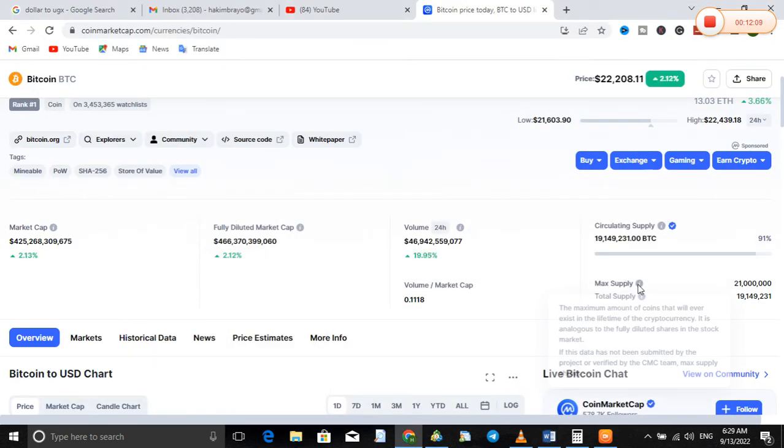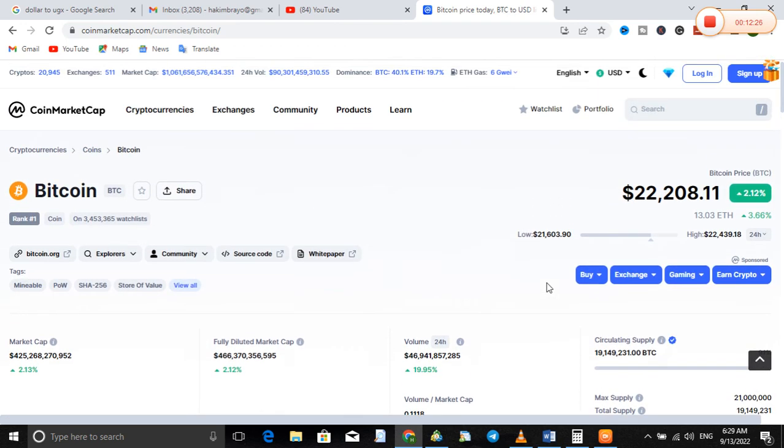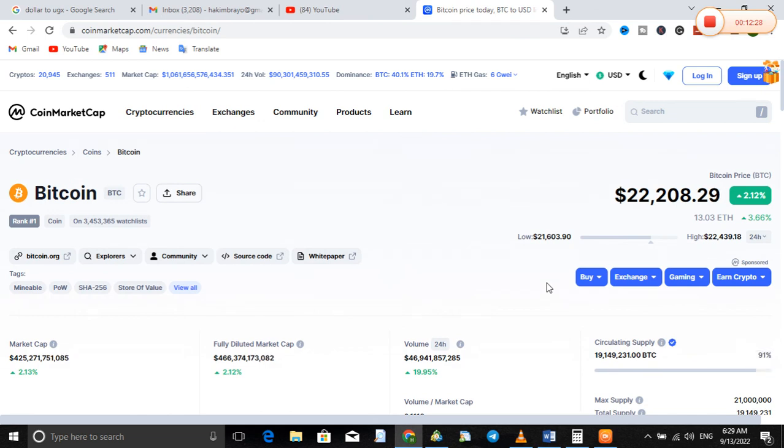Now this is the maximum supply of Bitcoin, which is 21 million coins. Now 21 million coins is the amount, or float, which was created by the owner of Bitcoin, Satoshi Nakamoto. They sat down and created a float worth 21 million coins of Bitcoin.